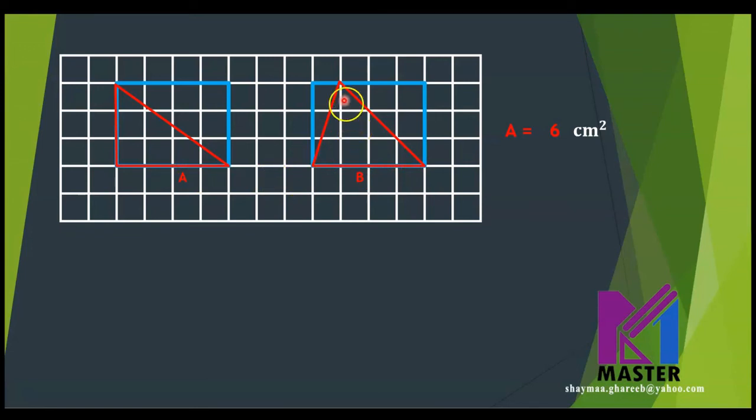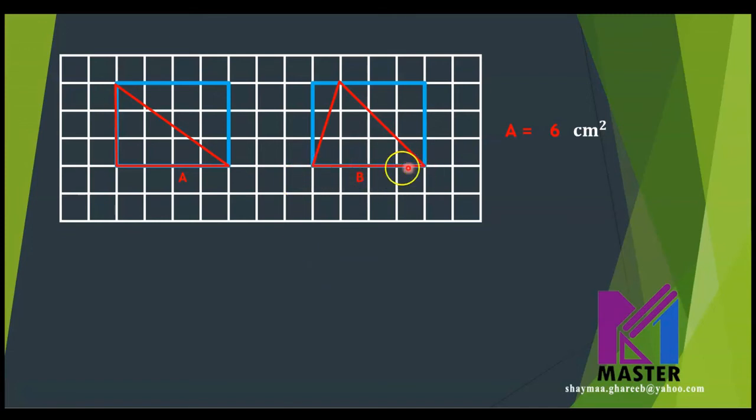I want you to look at the triangle and the rectangle in this shape, and the triangle and the rectangle in this shape, and try to think of something in common between these two shapes. First, we will find that they have a side in common.